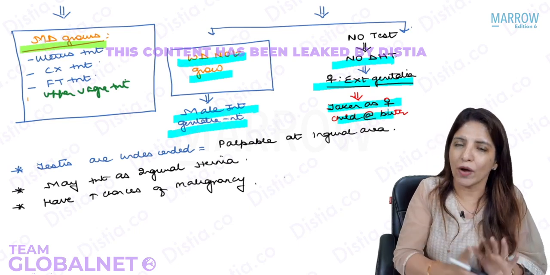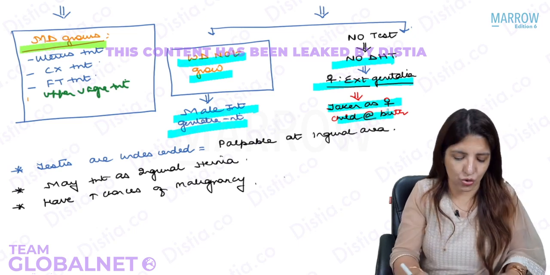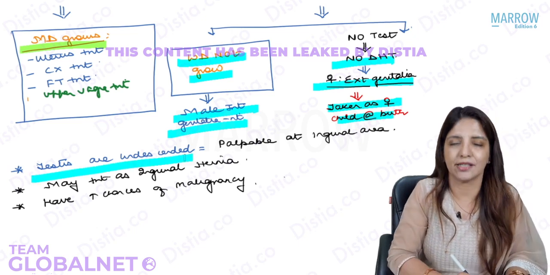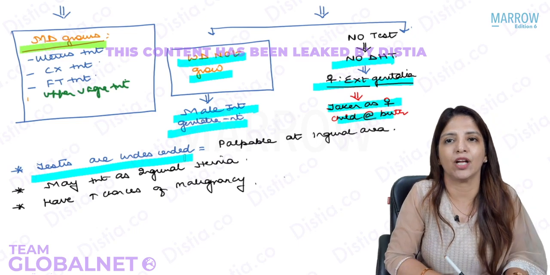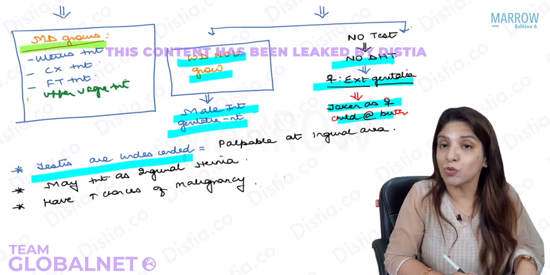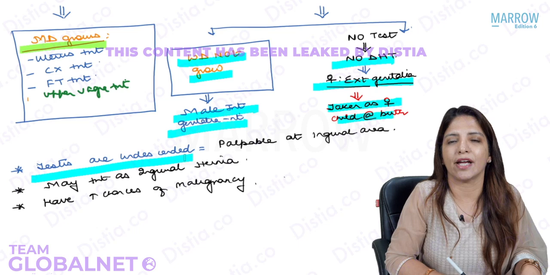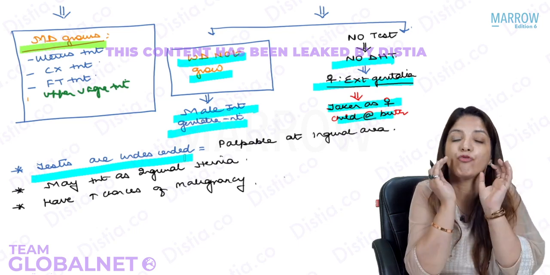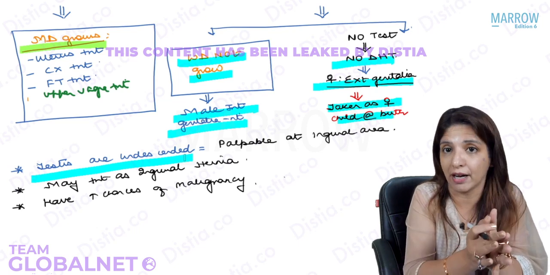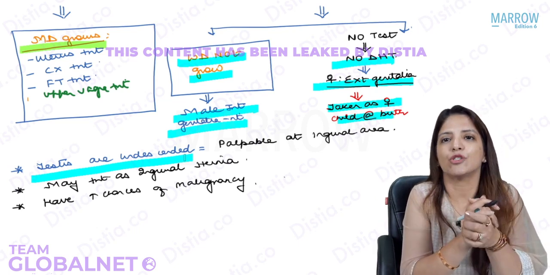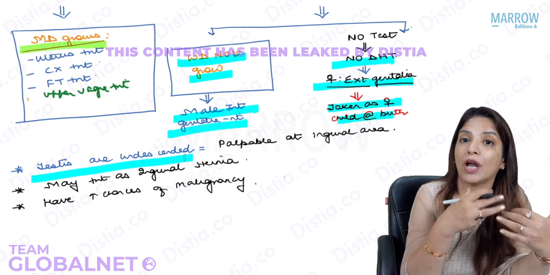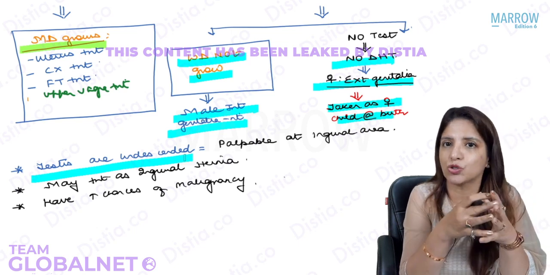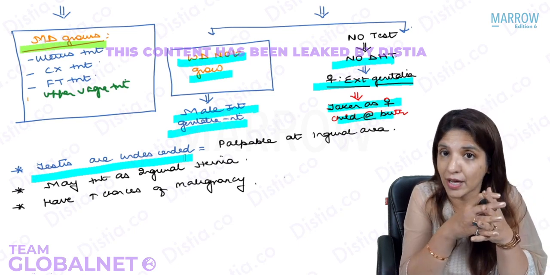So if there is no anti-Mullerian hormone, there is no testosterone, the testes are undescended and they are palpable in the inguinal area. And that is why I told you, whenever you are getting a phenotypically female looking child or female external genitalia. But the problem is that there is a female external genitalia, but the gonads are palpable. Those gonads could be palpable in the inguinal area as well.